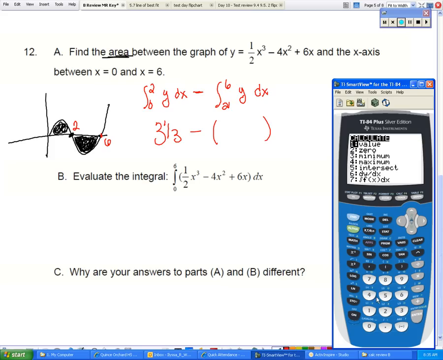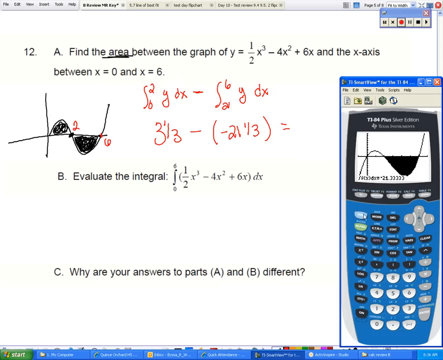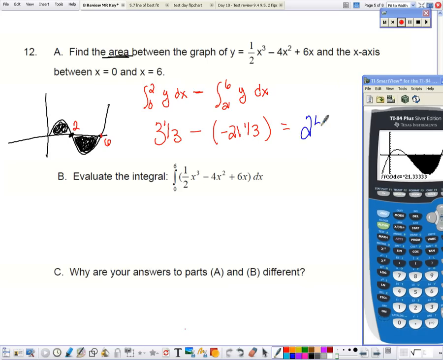So again, I'm going to calculate the integral, but this time from 2 to 6. That's negative 21 1/3. So if I combine our numbers here, minus a negative is really plus. We're going to get 24 2/3.